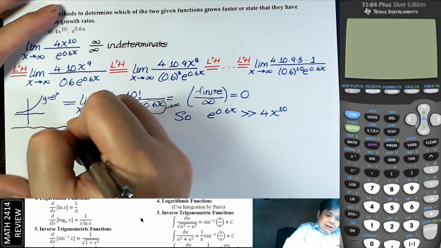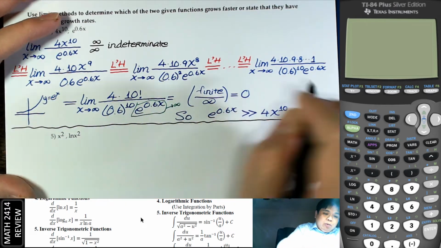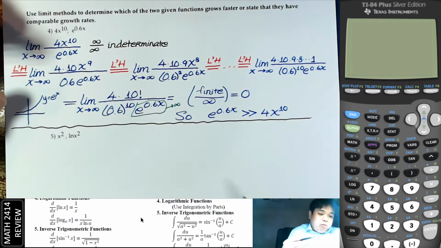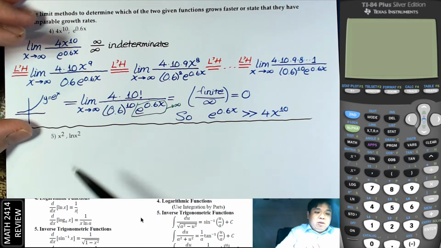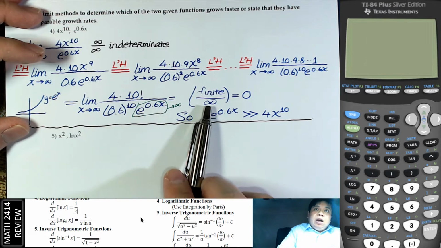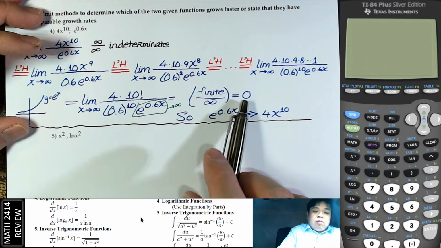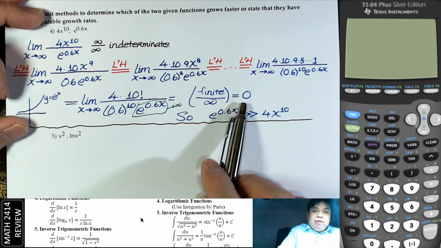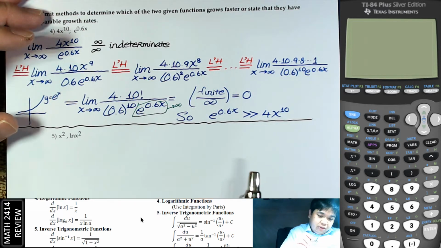Right. Of course, if we happen to flip it, then we should get the same result. So it doesn't matter which one divide by which. If the bottom go faster to infinity, then that would be 0. Or if it is 0, that means the bottom goes faster to infinity.